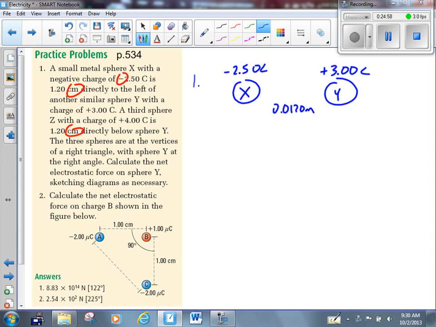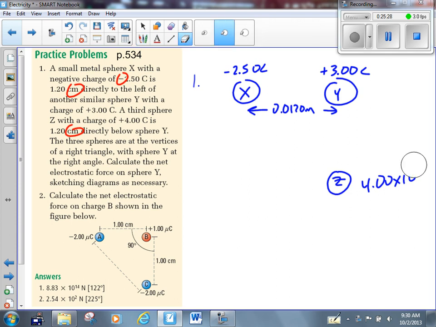Just remember that if I label it in centimeters, I've got to convert that. Sphere Z. Oh, this one's a good one. Let's see here. What is it? 4? Yeah, 4 coulombs. And the distance is the same.